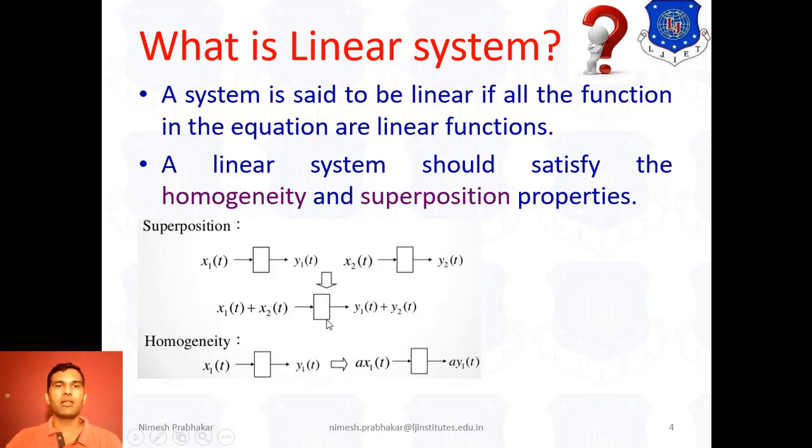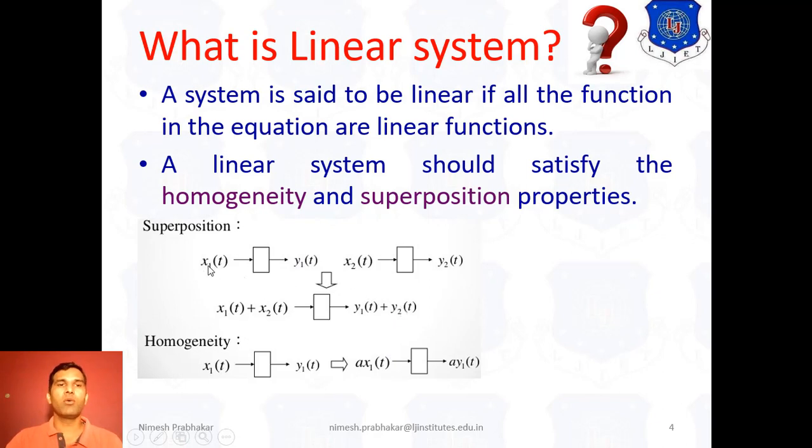Then in the system we give the merged input, that means we give x1(t) plus x2(t) as input. Then we get y1(t) plus y2(t), that means the sum of the outputs of the individual systems. Then that system satisfies the superposition condition.